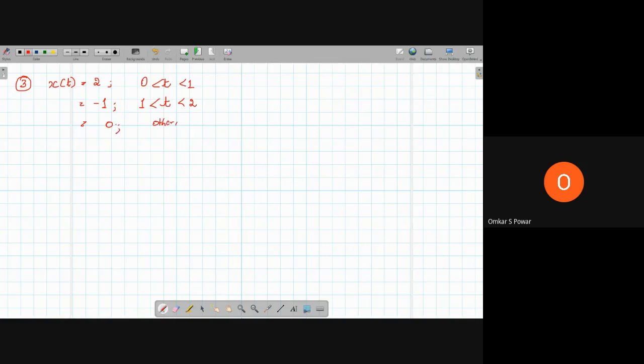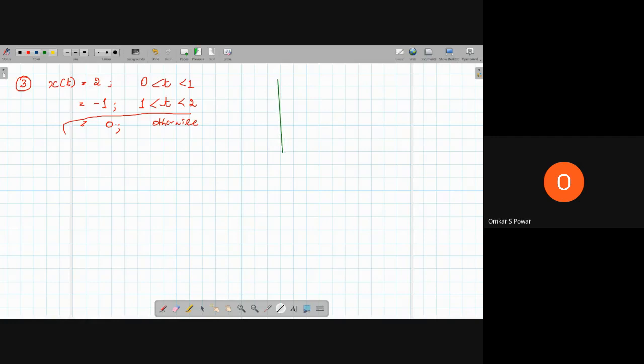So if this is the question, you can directly say the given signal is energy because it is given is equal to 0 otherwise. Okay. So if you want to plot the graph, how do you visualize it? So if you see this t, it varies from 0 to 1, 1 to 2.